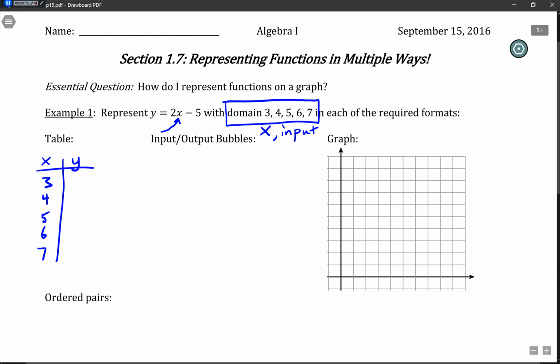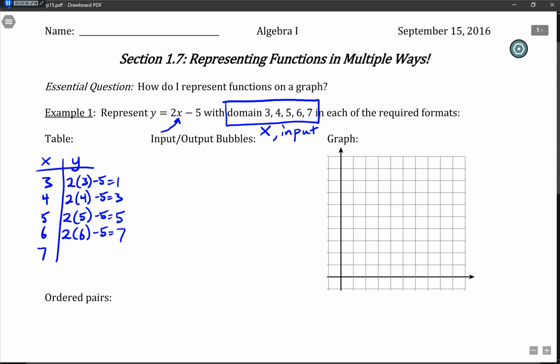First of all, plugging in 3, we have 2 times 3, which is 6, minus 5, which is 1. Next, we're plugging in 4. 2 times 4 is 8, minus 5 is 3. Next is 2 times 5, which is 10, minus 5 is 5. Next is 2 times 6, minus 5. 2 times 6 is 12, minus 5 is 7.